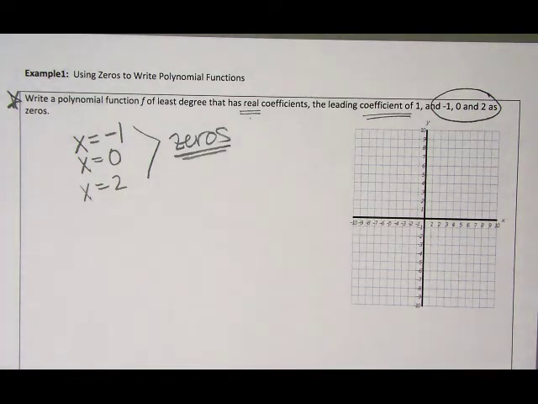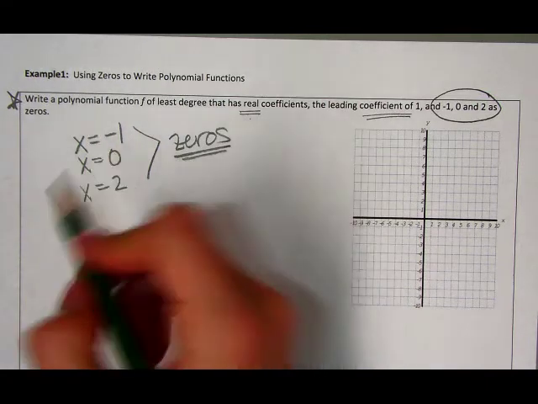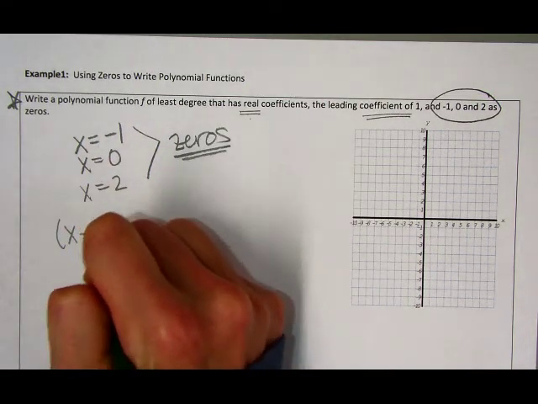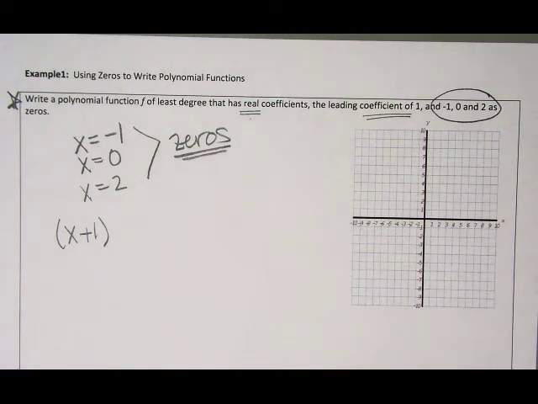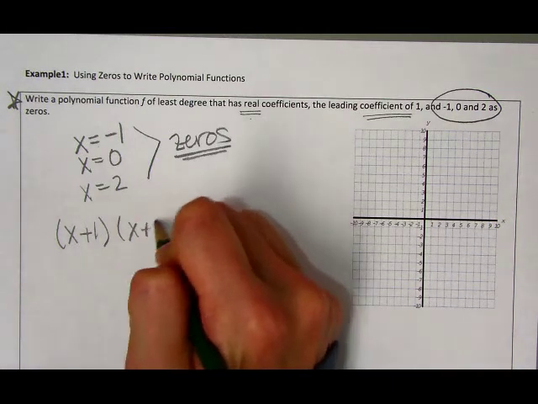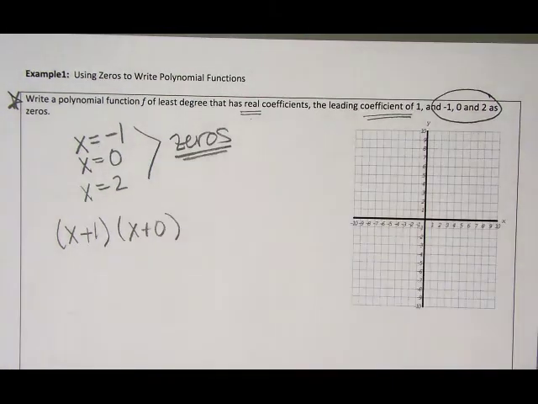If x is equal to negative 1, our factor for the first one is going to be x plus 1. If x is equal to 0, we obviously have x plus 0 as our factor.